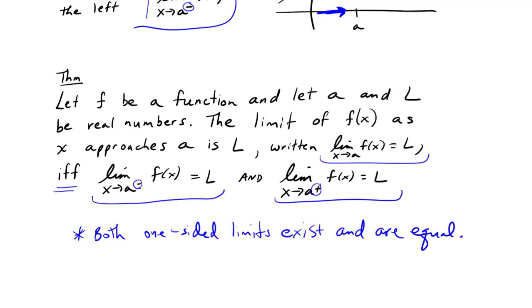Okay, so that's the two things we're going to be looking at. Now, I understand we haven't really talked about why they might not exist yet, but we'll get into that. Basically, at this point, we're saying if they're both equal to some L, some real number, then that's how you could determine that the limit exists.